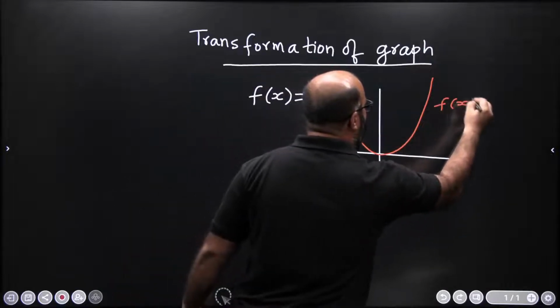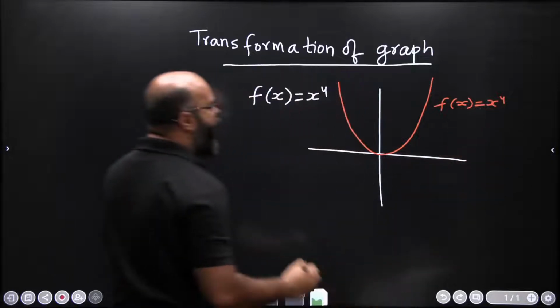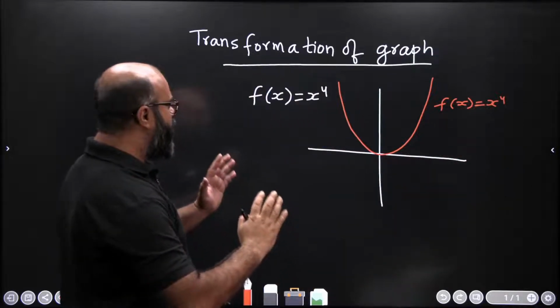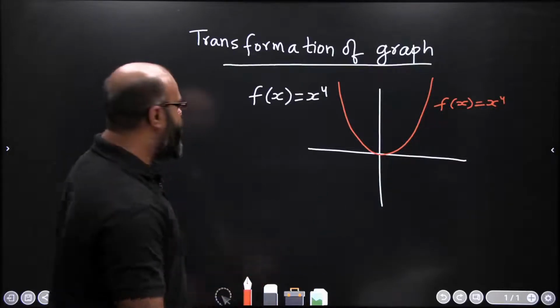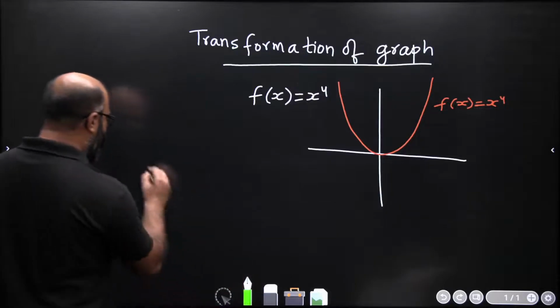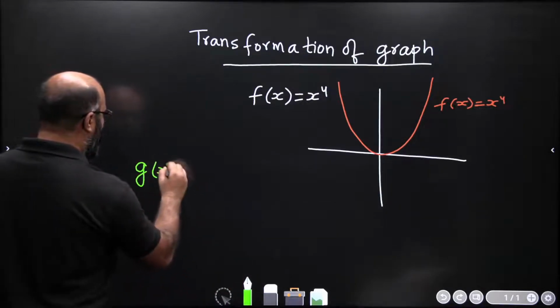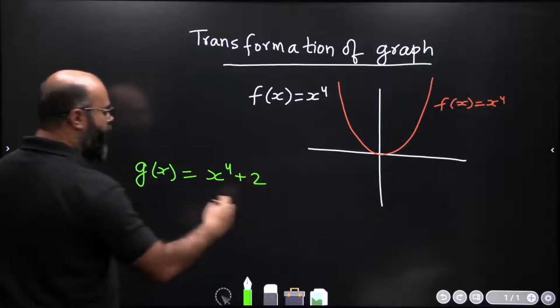Now suppose I change its equation from f(x) = x^4 to some other equation. Let us suppose I take g(x) = x^4 + 2. What will happen to this graph?